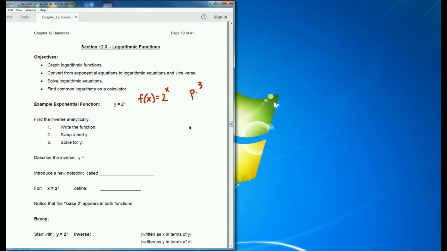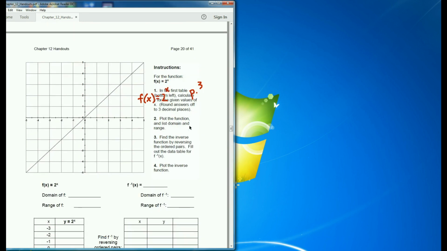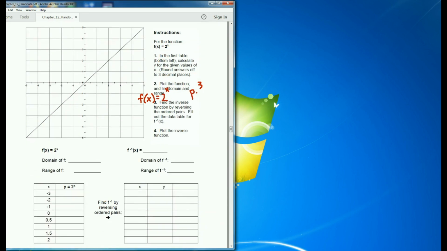So we're going to start on the next page by plotting it again. I'm going to scoot to the next page and go over the instructions. For the function f of x equals 2 to the x, I want you to start down here by calculating the values. We've done this before, and I added a couple of additional values.